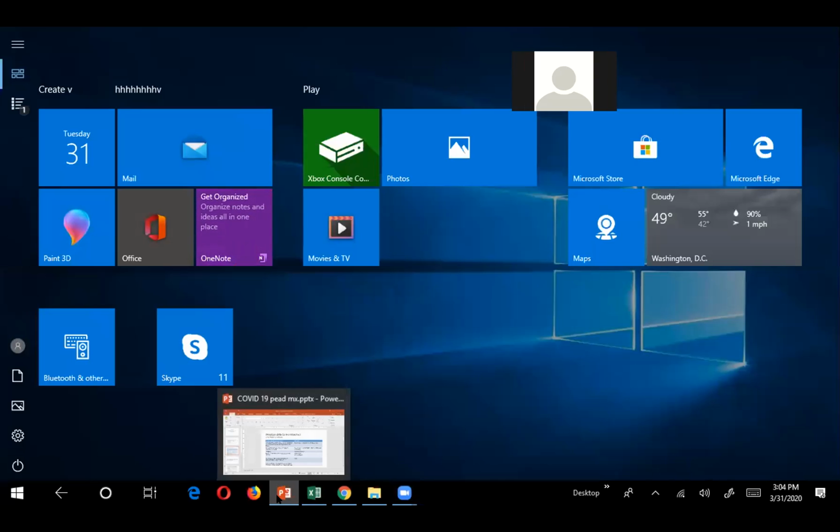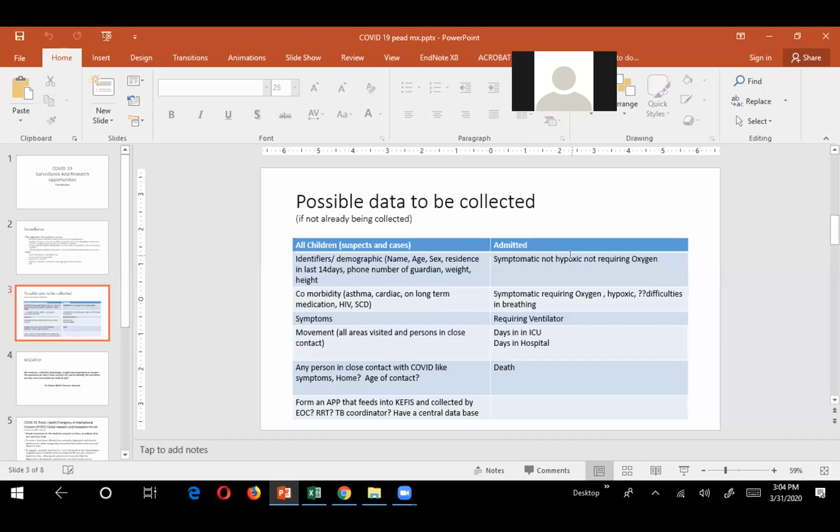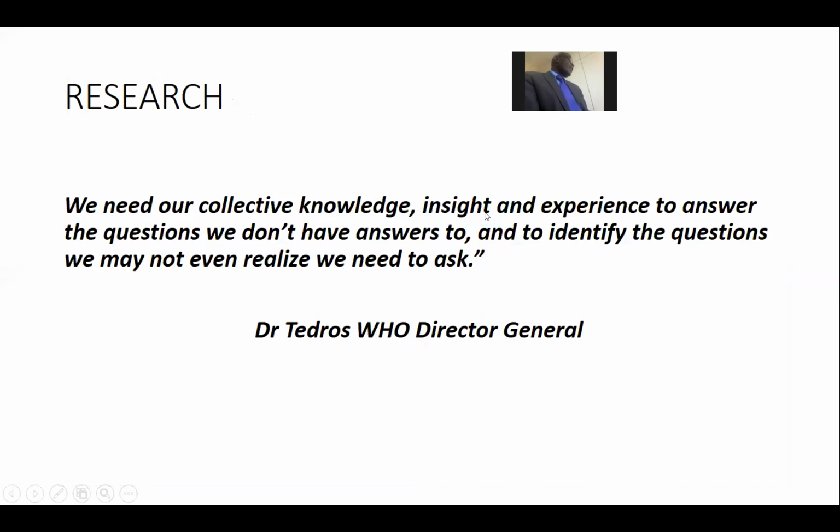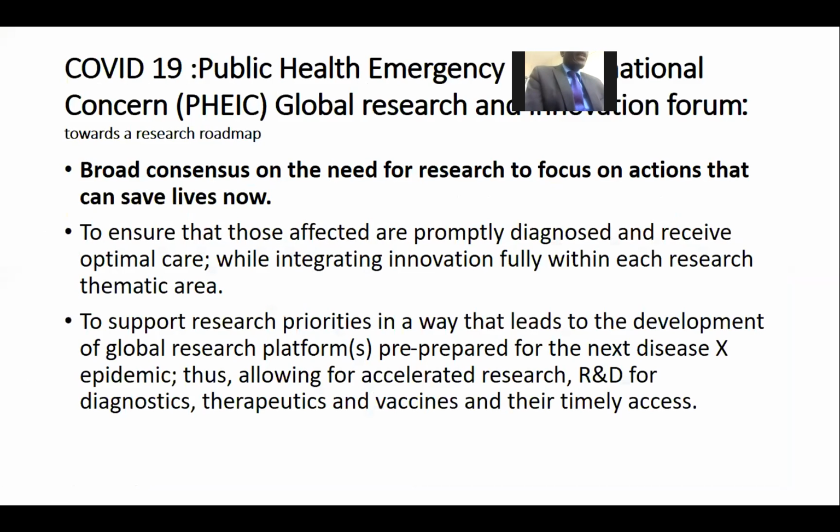Now, the research topics discussed included natural history of transmission and diagnostics. Animal, because you know this is a zoonotic disease, and whether we have been infected by animals, we'll also infect animals. Epidemiological studies, clinical characterization and management, and then therapeutics and vaccines, and then of course ethical consideration, because doing research in pandemic areas is a little bit more complicated.